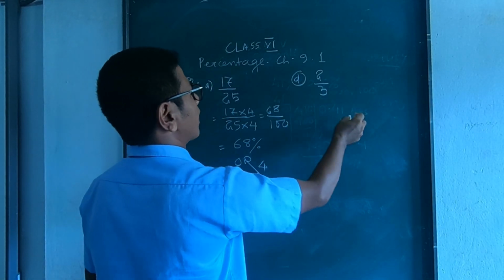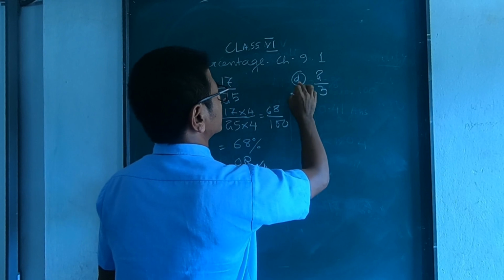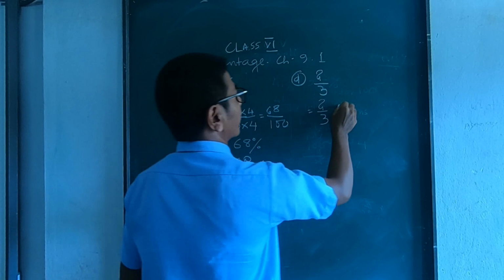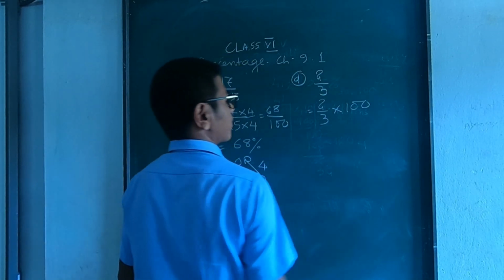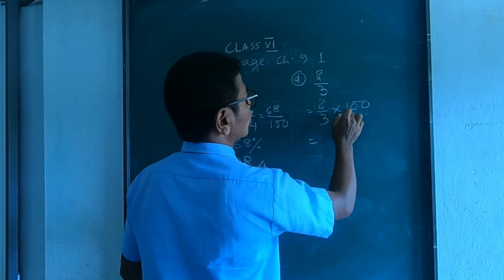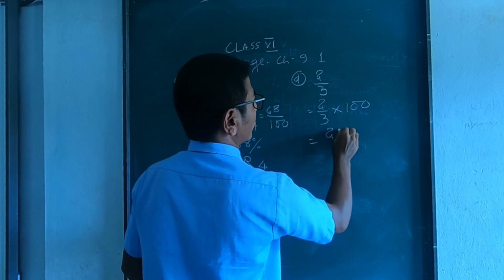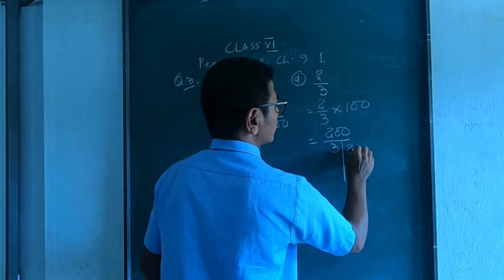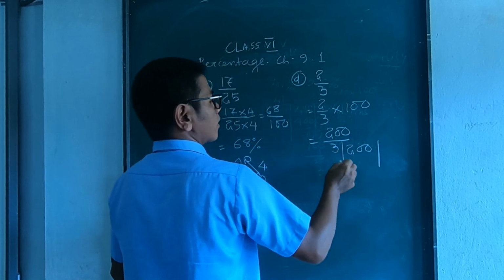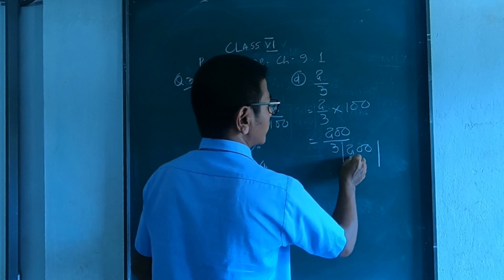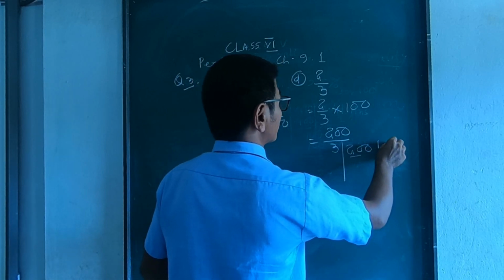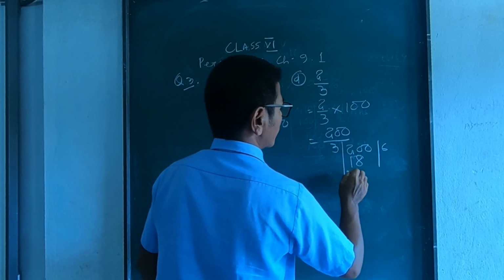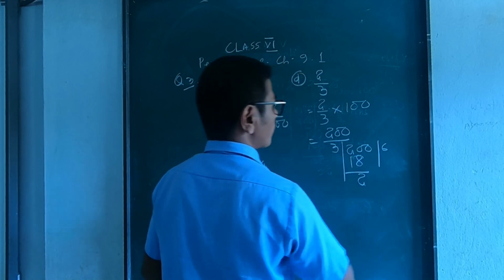Now we do the second part, question D, that is 2 by 3. As I have used 100, please use 100. In that case, 2 into 100 is 200 divided by 3. You go and divide it, 200. 3 how much is 20? 3 how much is 26? 3 6s are 18. So on subtraction we get 2.